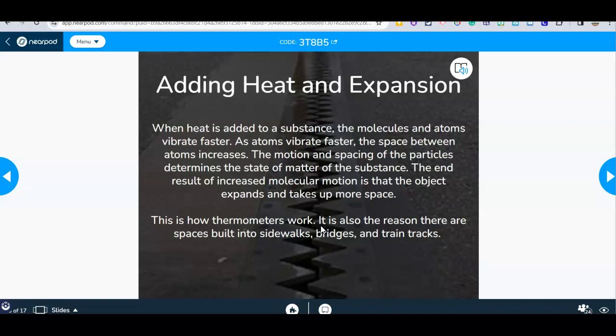When we think about thermometers, we've all gone outside and looked at the thermometer before, yes? We look at the red thermometer and say, oh, the temperature is 84 degrees, or oh, today it's like 60 degrees outside. The reason why that red goes up and down is because as it gets hotter, the molecules inside start to speed up and get further and further apart, thus pushing the liquid inside higher and higher.